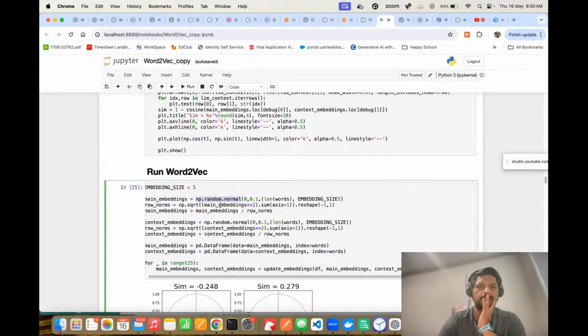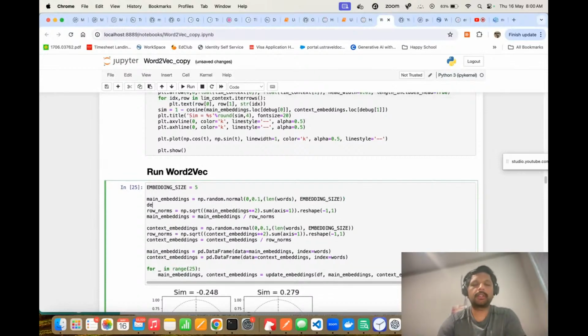We should print all this, row norms, and see. Okay, so now first let's debug this.